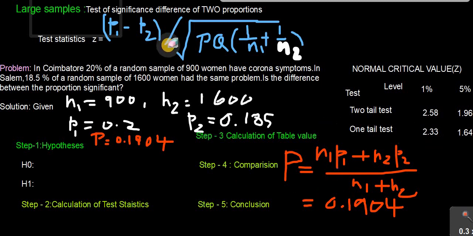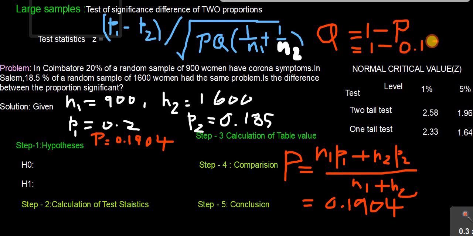Now what is Q? I told you that the formula for capital Q is 1 minus P. That is 1 minus 0.1904.